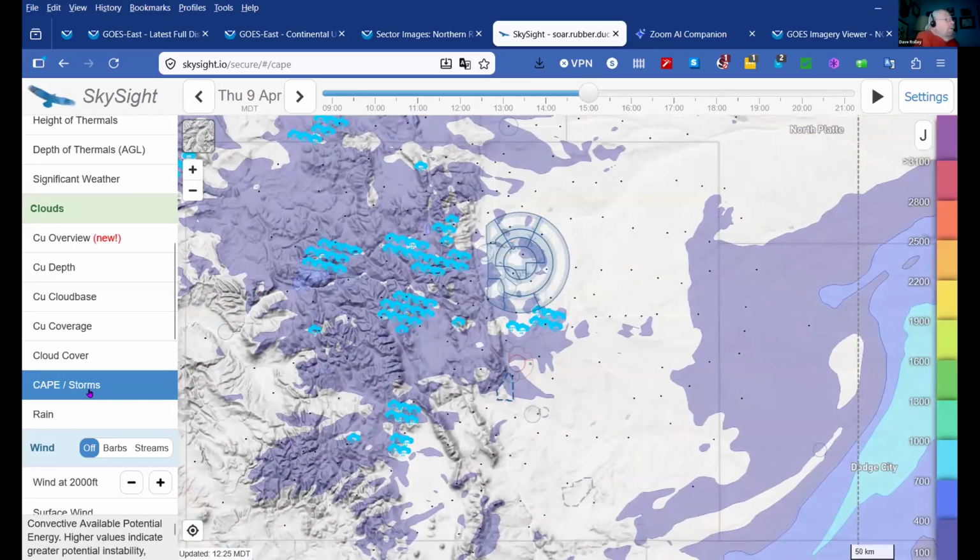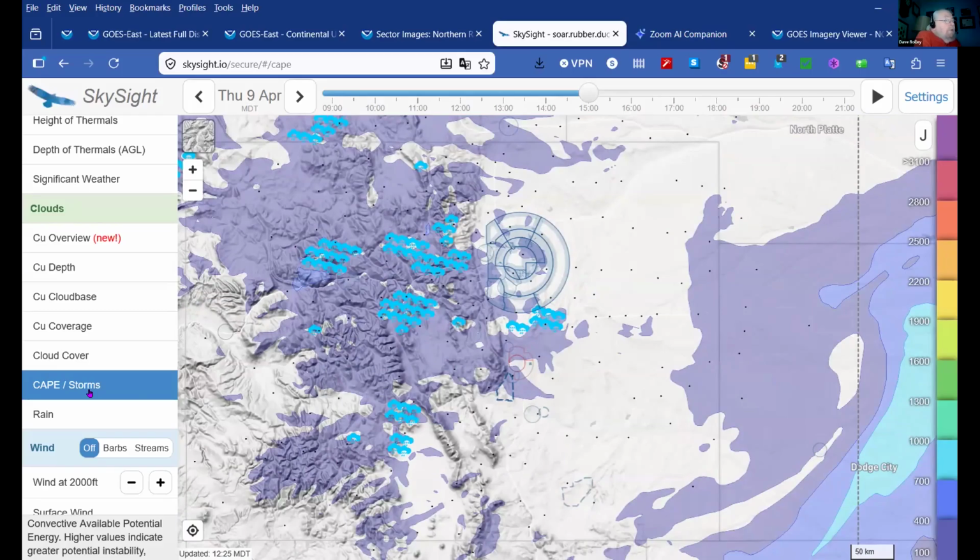This is one that is overlaid. If you're in an area where you have thunderstorms, then CAPE, convective available potential energy. This is the thing that the National Weather Service uses, and most of the time, CAPE is brought through directly without any processing in the soaring models. I don't know if SkySight does or not, but I know that Dr. Jack's models just brought this one through totally on its own.